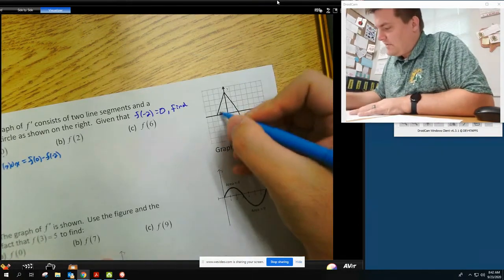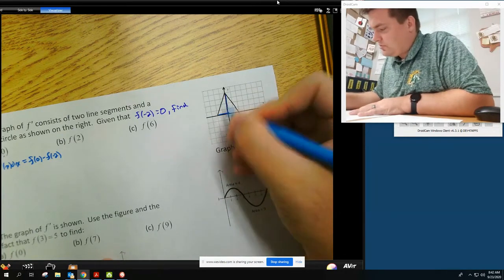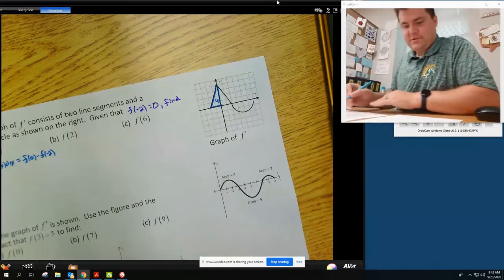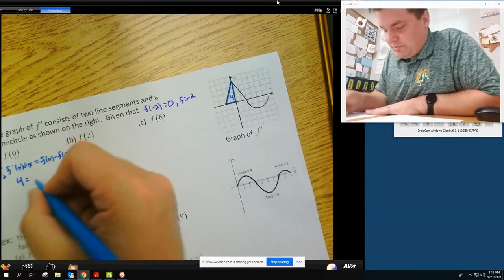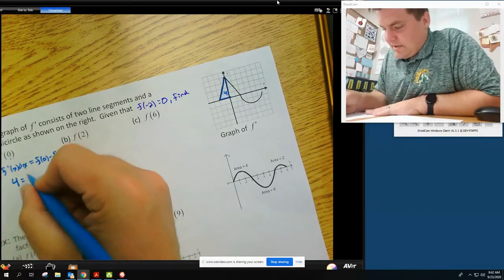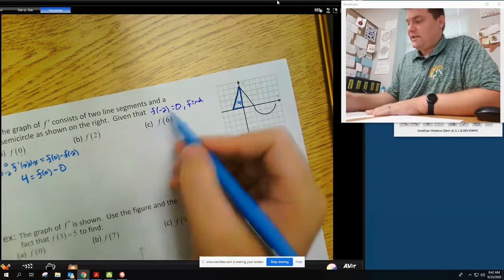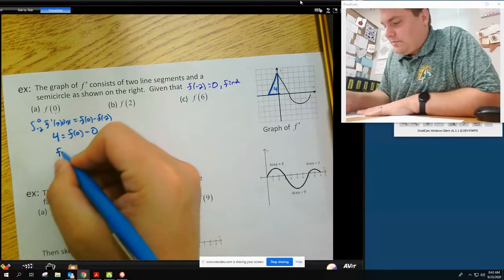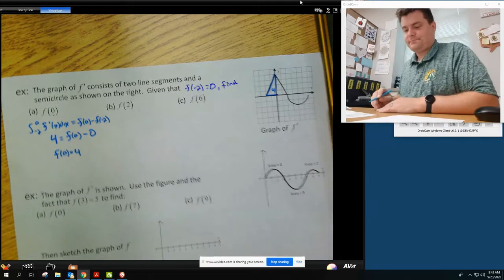So this is going to give me an area of, right here, the triangle, 1/2 base times height. It's going to give me 4. So this is going to say that 4 is equal to f of 0 minus 0, again, because I was given f of -2, which is 0. So f of 0 is equal to 4. Beautiful.